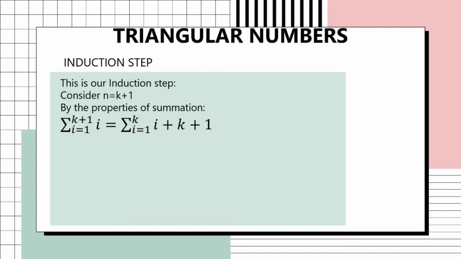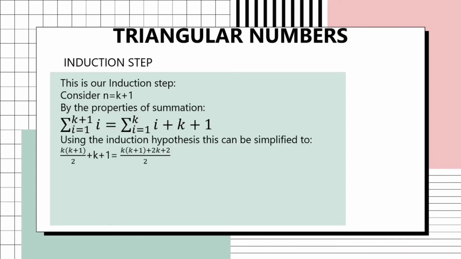First, consider n is equal to k plus 1. By the properties of summation, the summation from i equal to 1 to k plus 1 is equal to the summation from i equal to 1 to k of i, plus k plus 1.